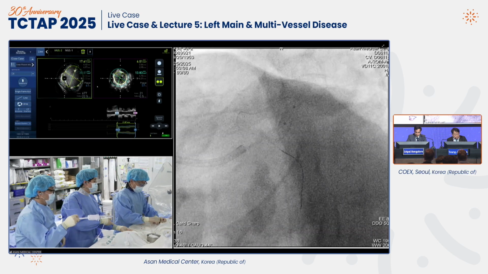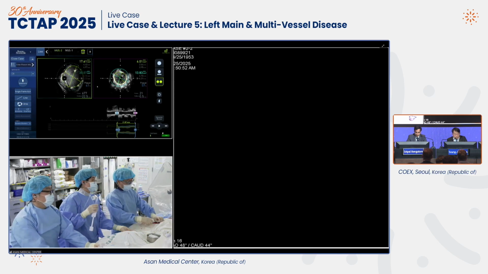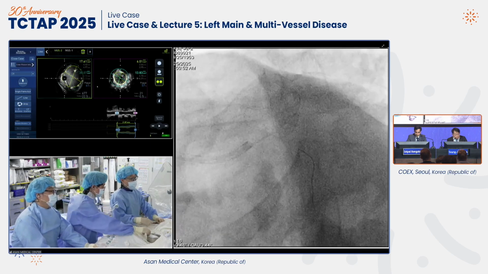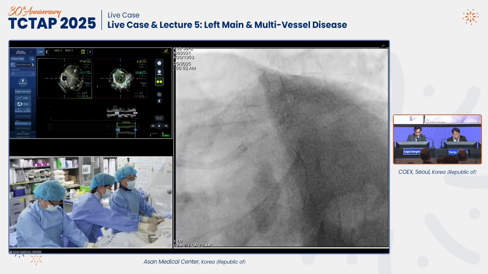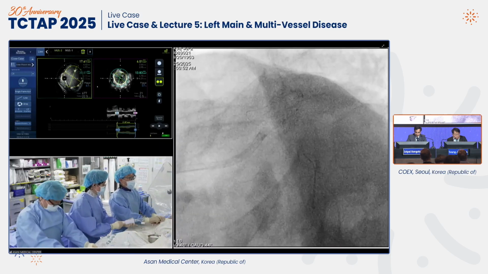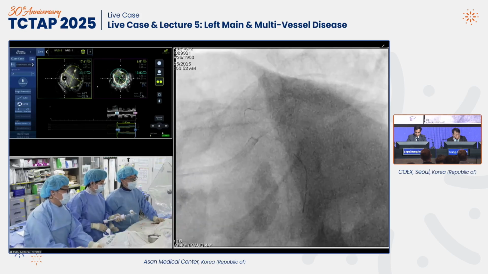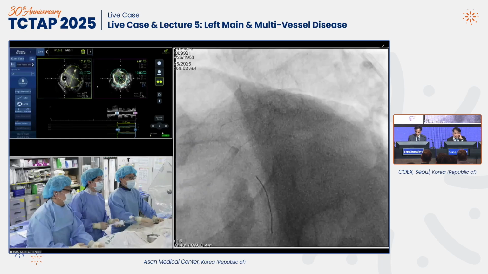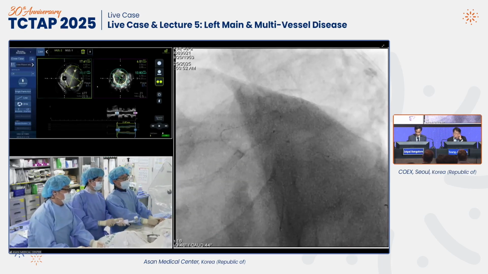Among the 2-stent techniques, Culotte would not be a good option considering the size discrepancy, and we first consider the reverse crush technique as another option. So now I put the 4.0 NC balloon in the LAD, and then we apply this 3.5 NC balloon. So finally, you're going to do the reverse crush or something? 3.5.